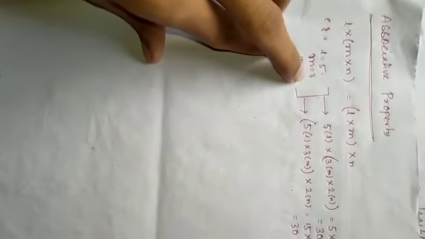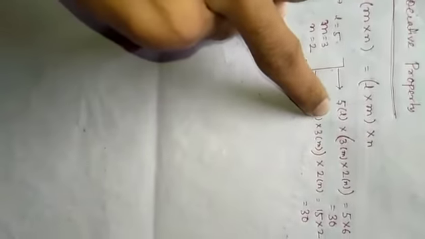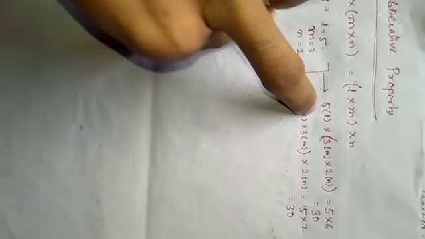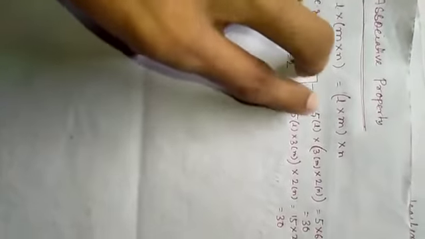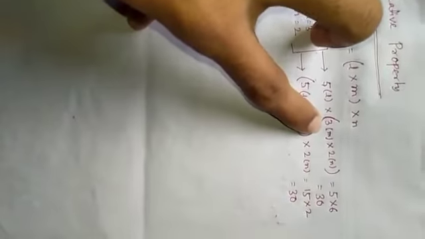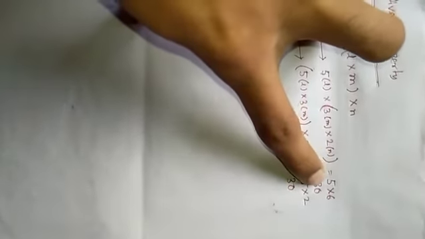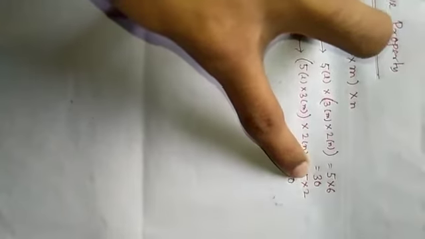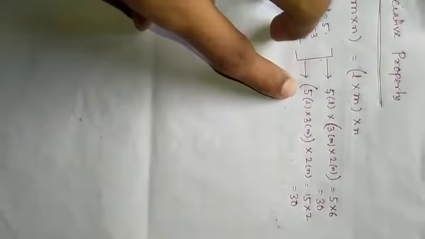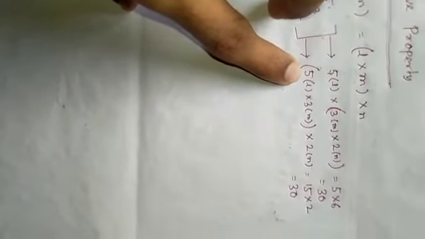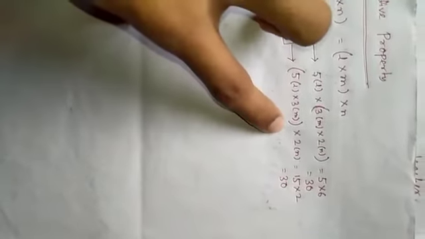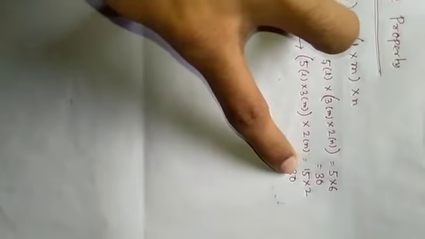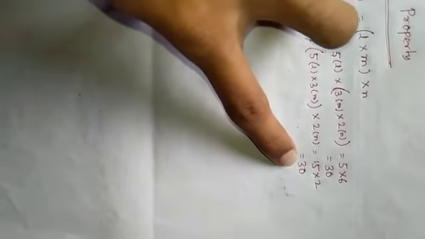So if L equals 5, M equals 3 and N equals 2, then 5 into (3 into 2) gives 5 into 6 equals 30, and (L into M) into 2, that means 15 into 2, that means 30.